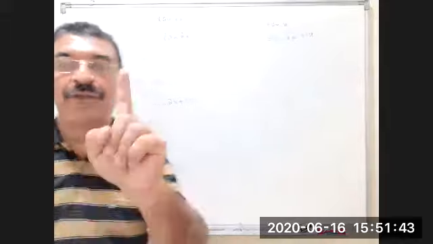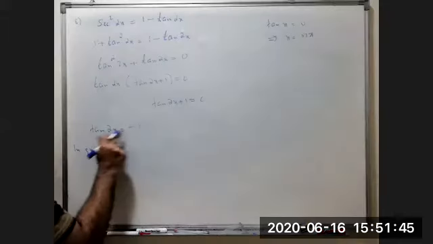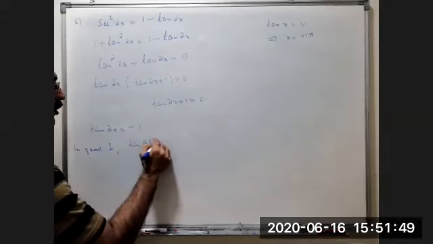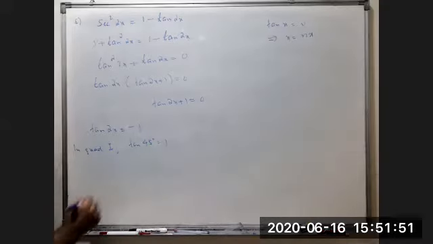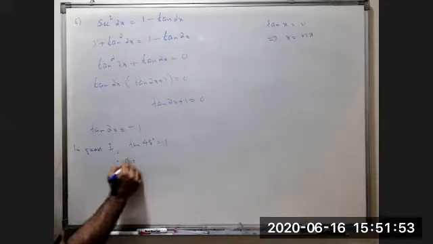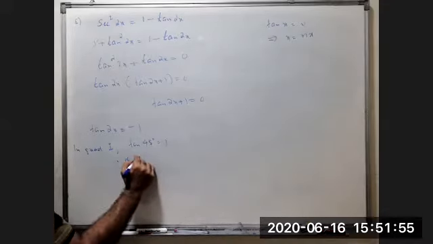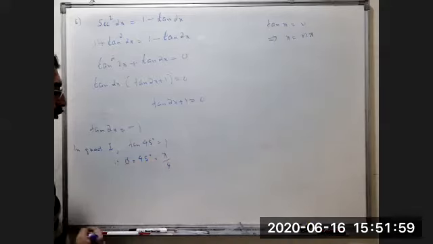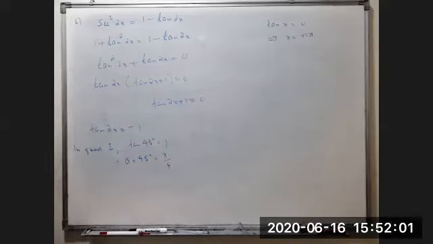Numerical value means only positive. So tan of which angle is 1? Tan 45 degrees is 1. Therefore, theta is equal to 45 degrees, which is pi by 4. We got pi by 4.